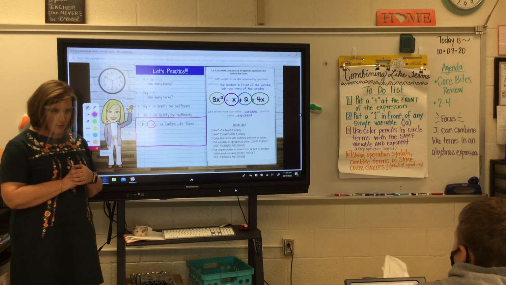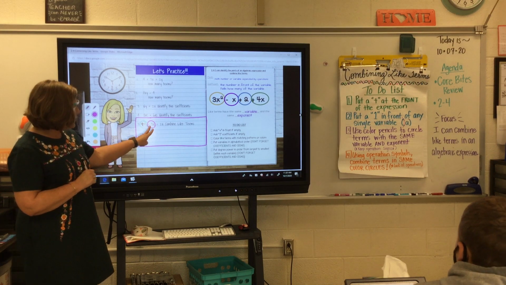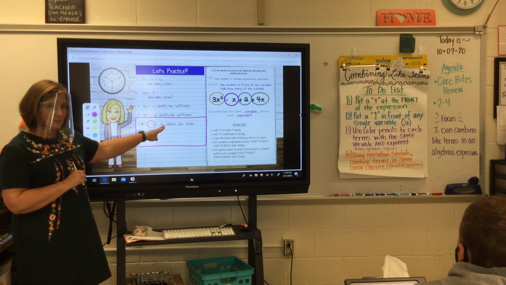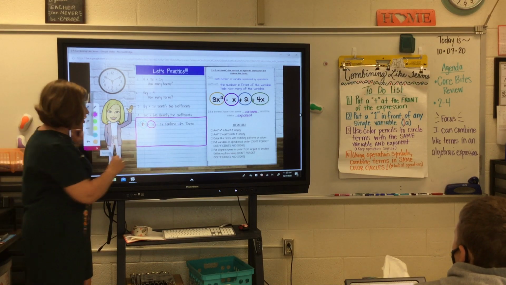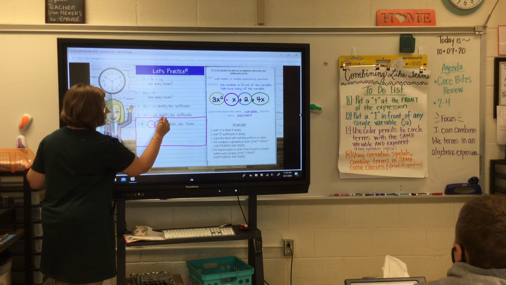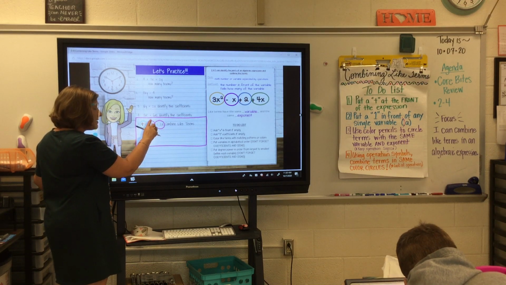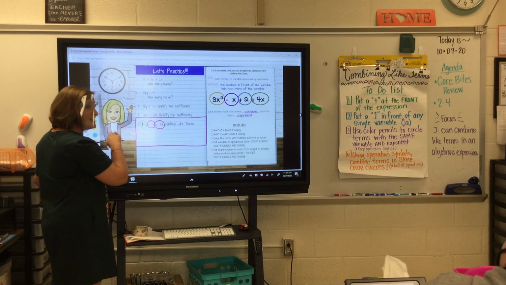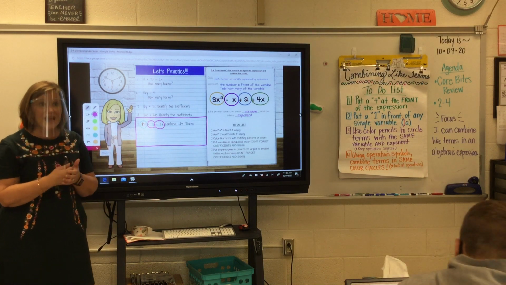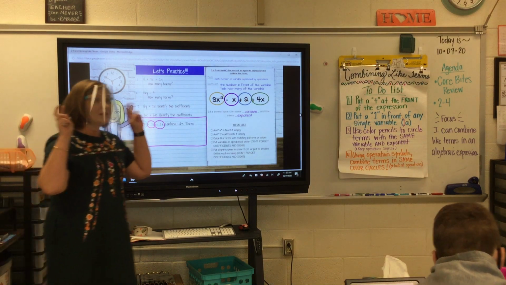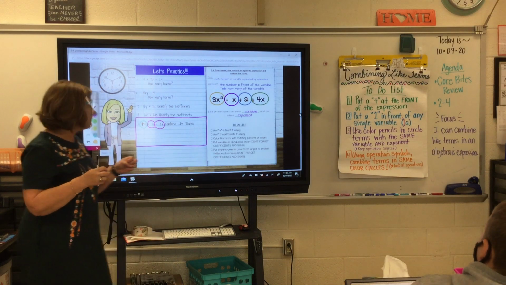Does x have an exponent there? So are those the same? Yes, those are the same. They have a different number in the front, but the exponent for the x's is the same. So those are the same color. Those are like terms, okay?